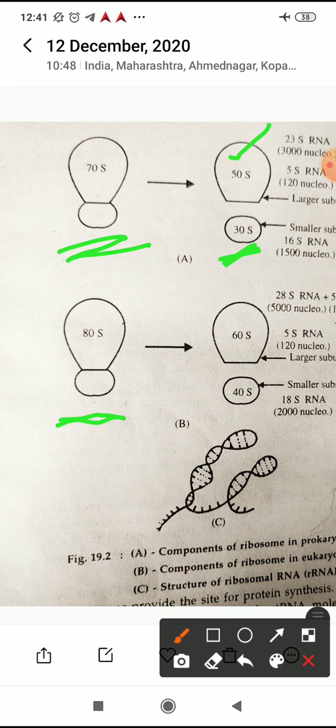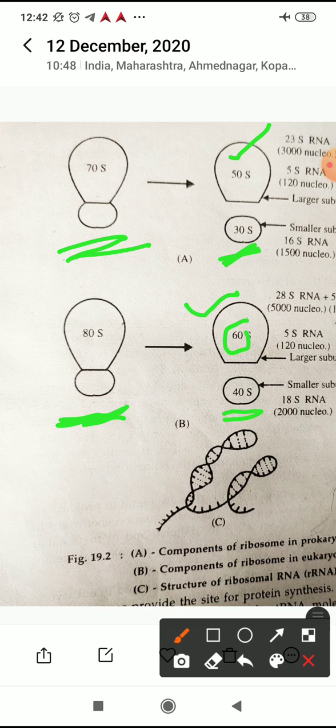Now related with the 80S, which is found in eukaryotic cells of plants and animals. One can find 80S type of ribosomes instead of 70S. Here the sedimentation coefficient of the larger subunit is 60S, and the smaller subunit has 40S.